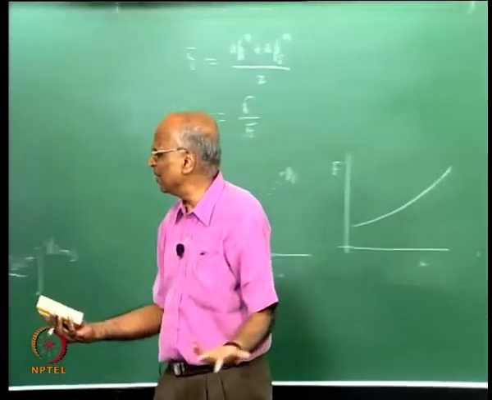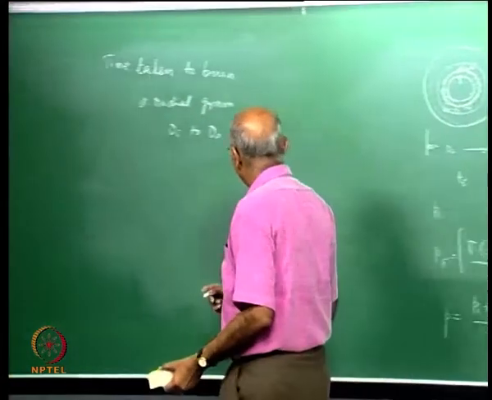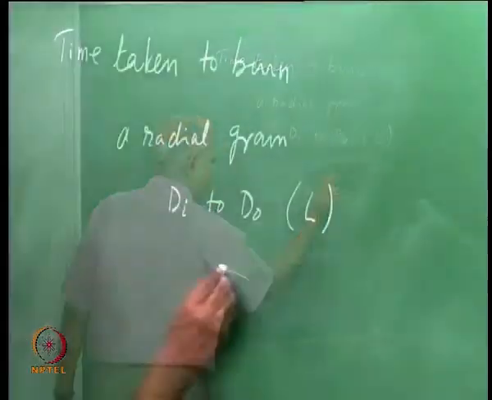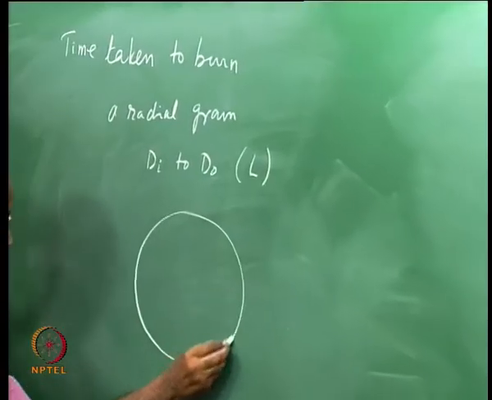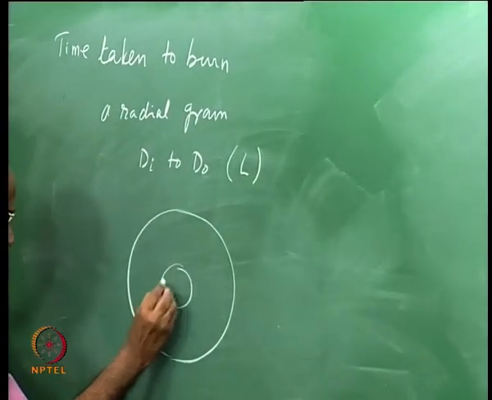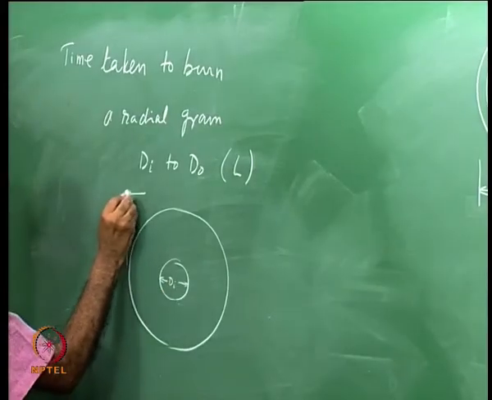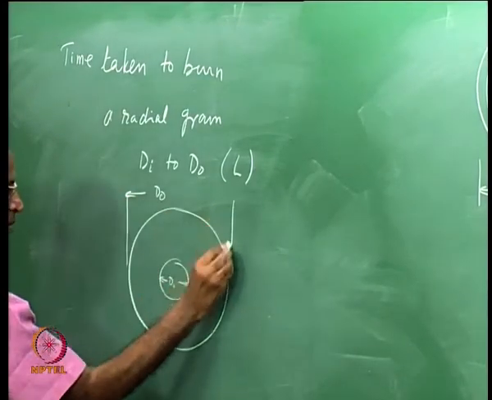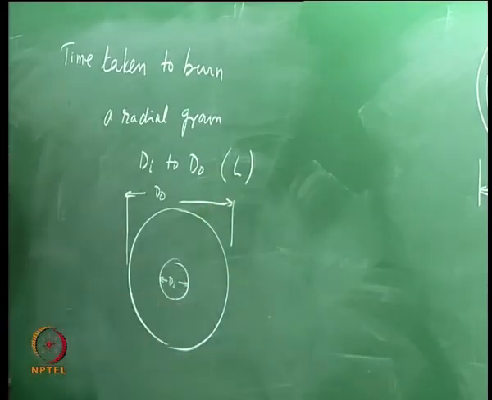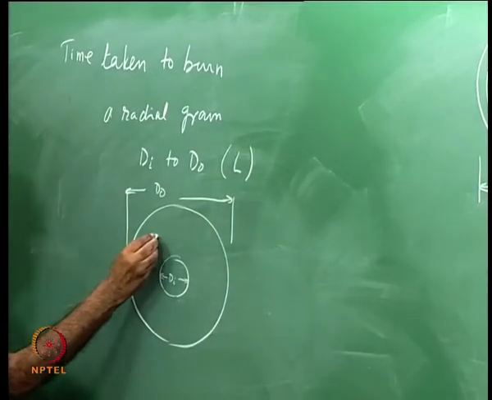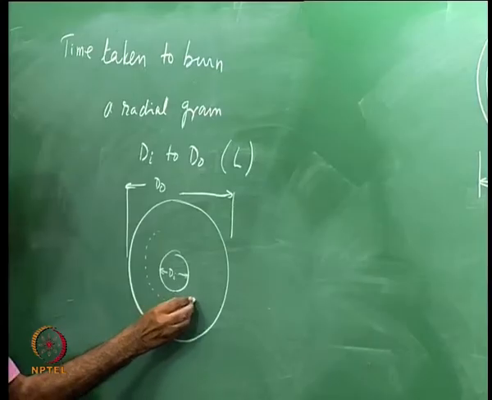I do exactly the same thing, there is nothing more to do, it's again I consider a section over here, the initial diameter is di, outer diameter is do. Why not do a simple thing, like what we say is, let us consider any diameter d.